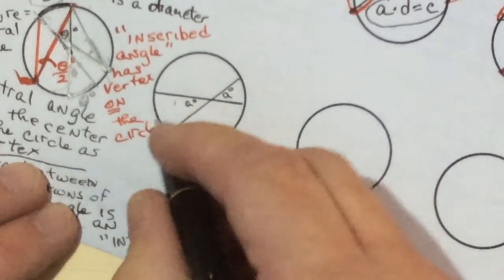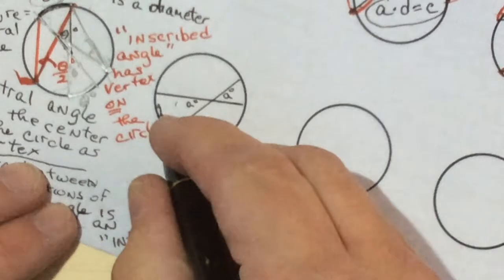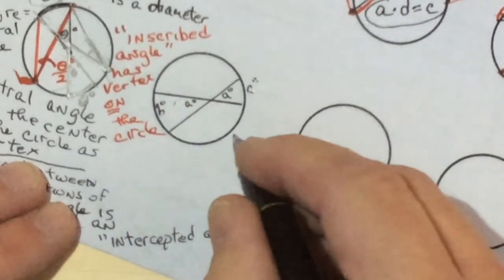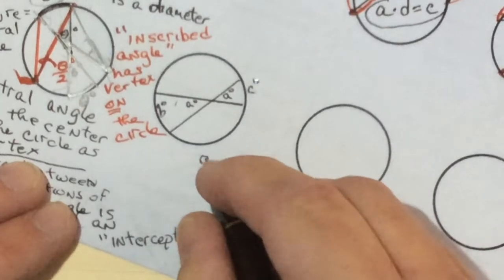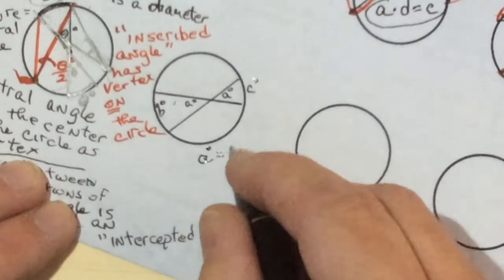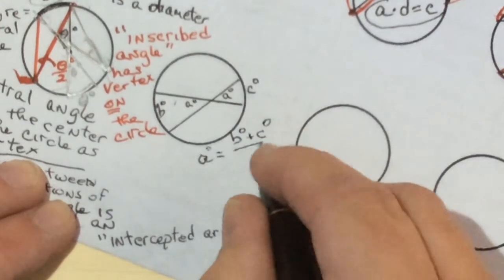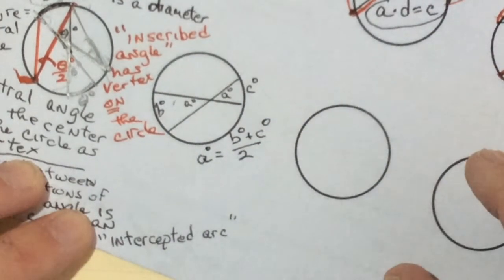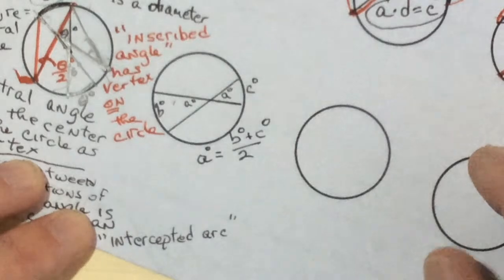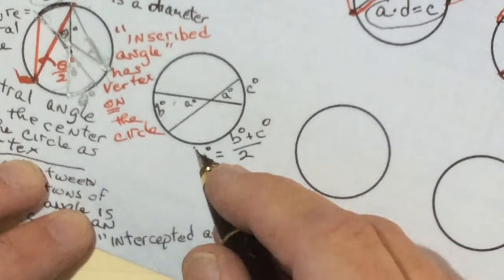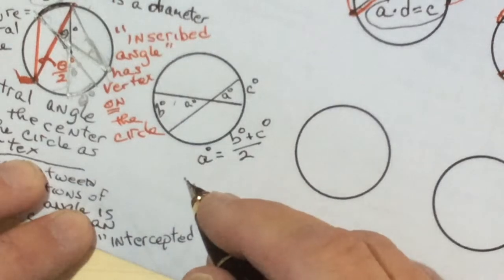In other words, if this arc is B degrees and this arc is C degrees, then A degrees is equal to the two of them added together divided by 2. Yeah? So would A always be congruent to this angle measure? These two? Yeah. They're vertical angles. They're always congruent.